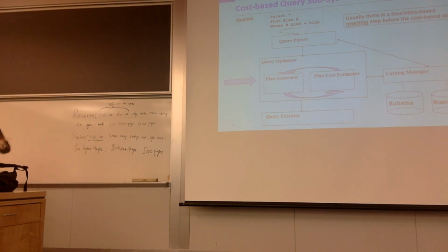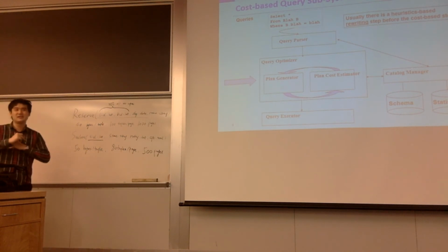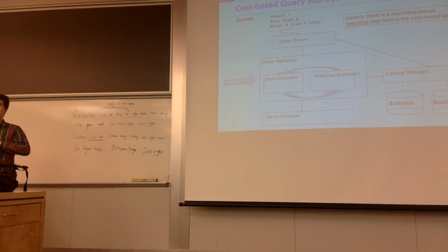Sometimes when the number of tables or the number of choices is small, they could use some sort of dynamic programming, which is not optimal, of course. They just tend to be optimal in a confined space. And we will talk about that later.